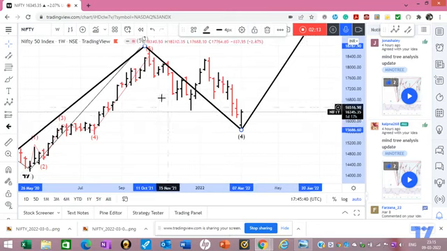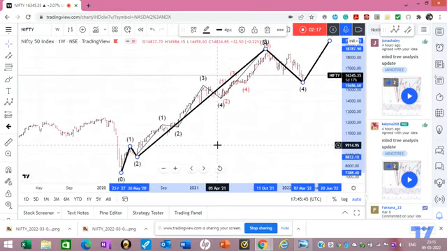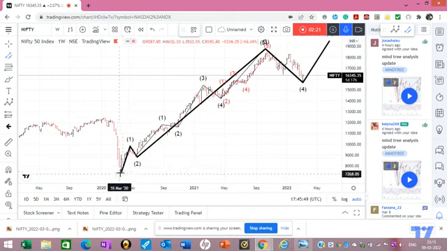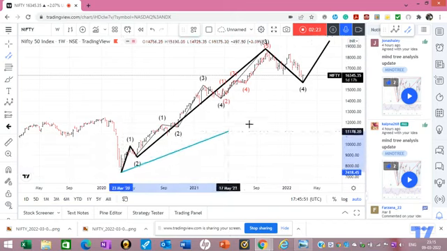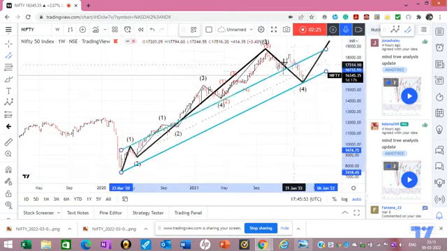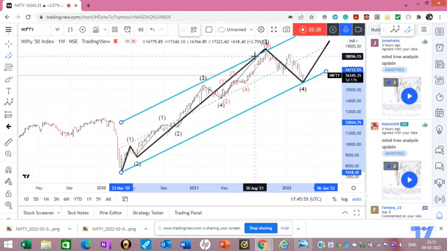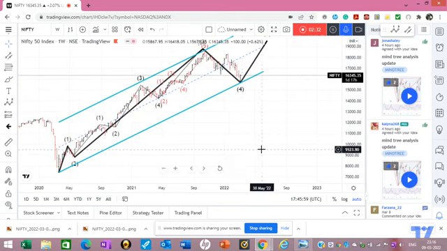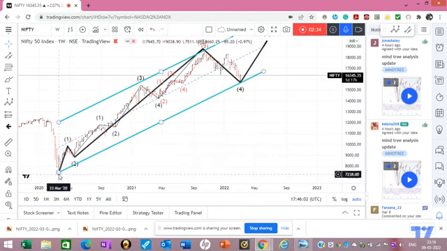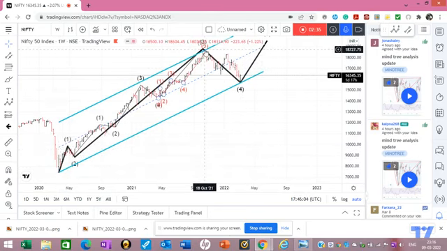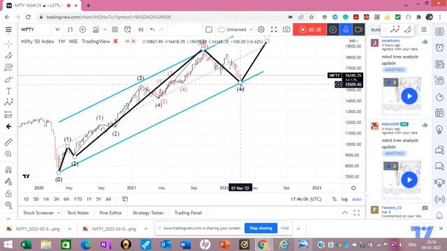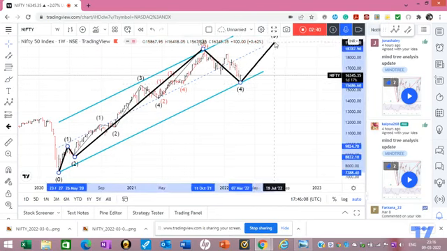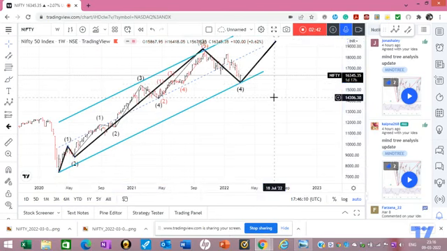Now if I come to the corrective action, I would draw a channel like this. I would start from wave 1, wave 3, wave 4, and then wave 5.